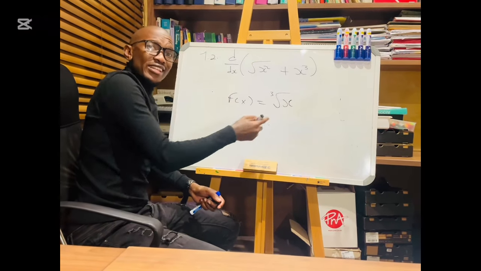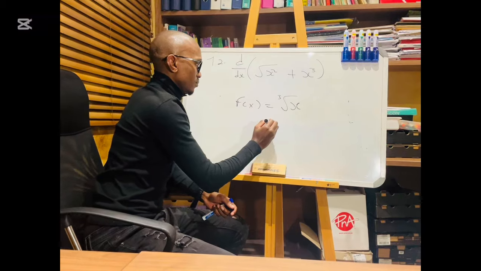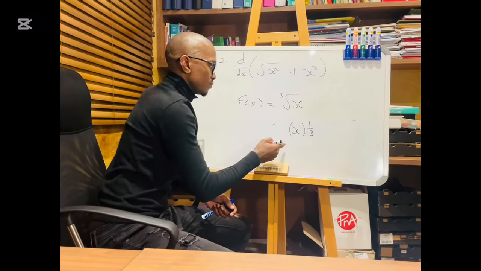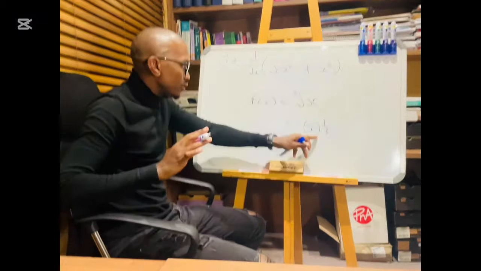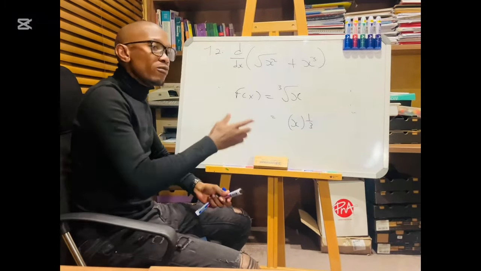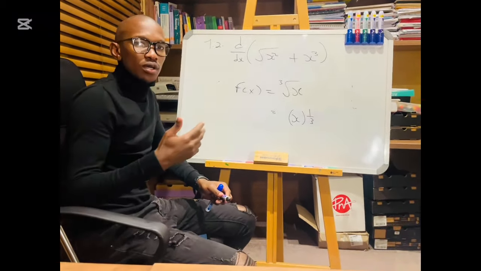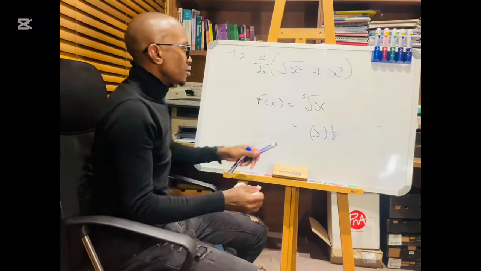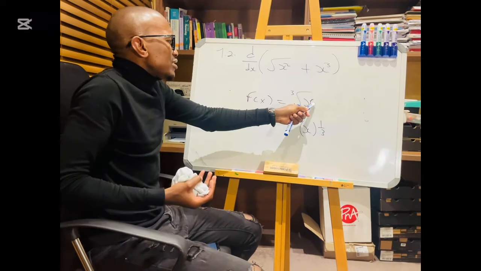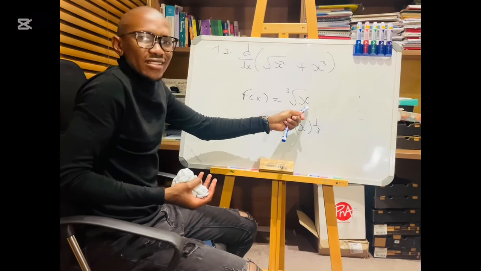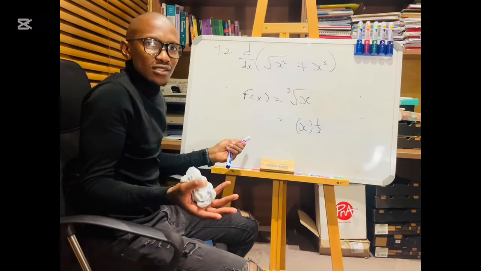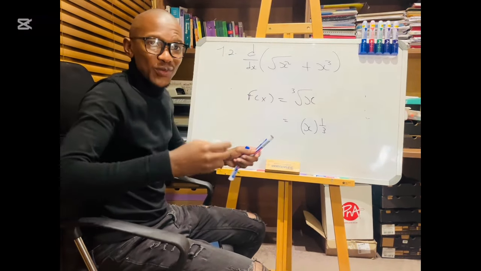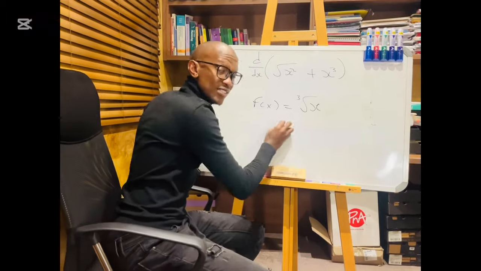You need to change this into exponential form like this, guys. x to the power 1 over 3. This one is fine. Then you can work it out. You cannot simplify this. What is the cube root of x? It's still going to be the cube root of x. So rather change the surd into an exponential form. This is from the laws of exponents from grade 11.